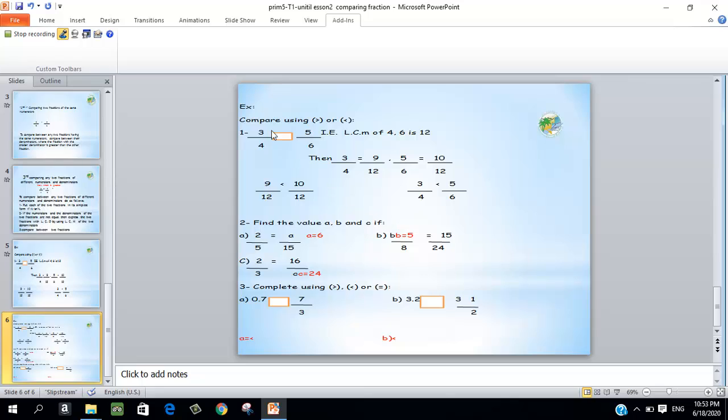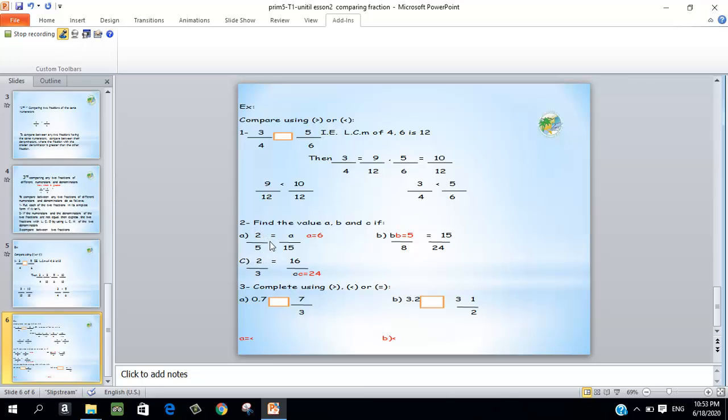Another example. Find the value of A and B. This is another question between two fractions. What is the property we learned about fractions? If we multiply the denominator by any number, multiply the numerator by the same number.